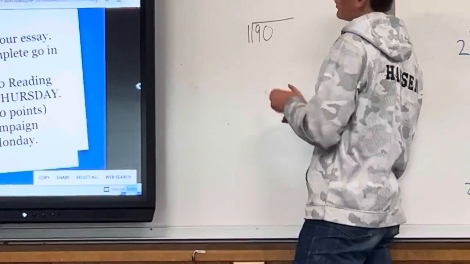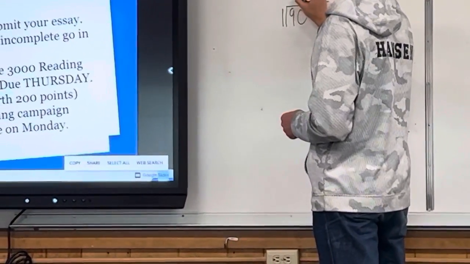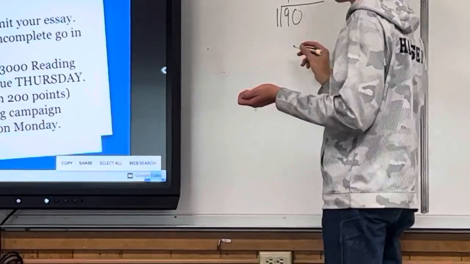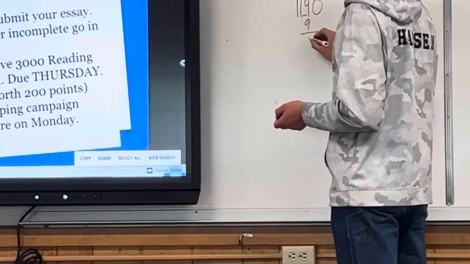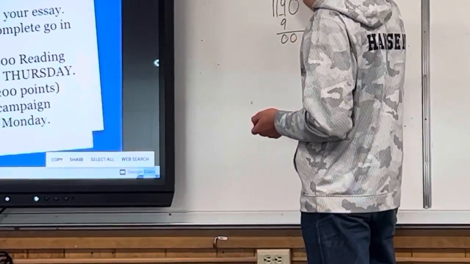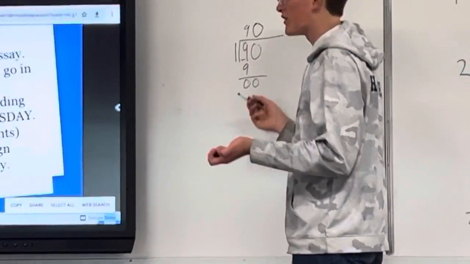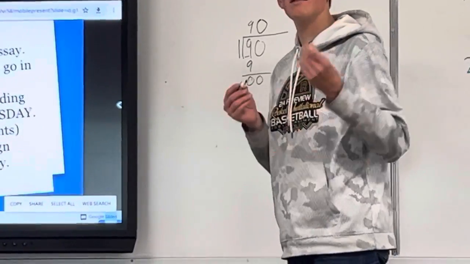Okay, so 1 goes into 9 times, because 9 times 1 is 9. That makes this 9 minus 9 is 0. You drop your 0, 1 divided by 0 is 0. And so your answer is 90 meters per second is how fast that car is going.